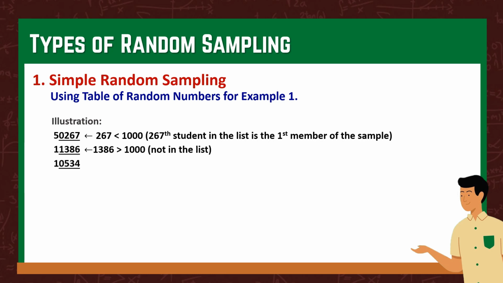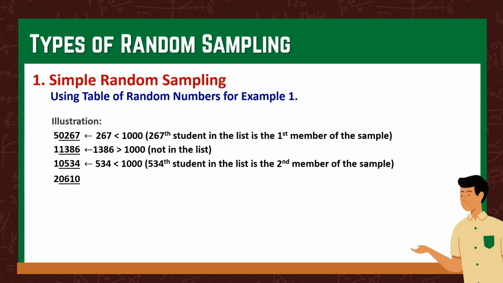And go to the next random number, 10534. Ang last 4 digit niya ay 0534 or 534. Therefore, the 534th student in the list is the second member of the sample. Then, let's say the next random number is 20610. Then we have the last 4 digits 0610, and this is less than 1,000.